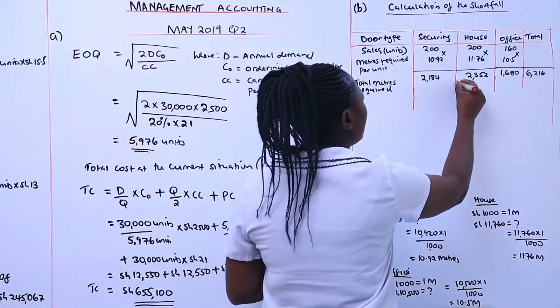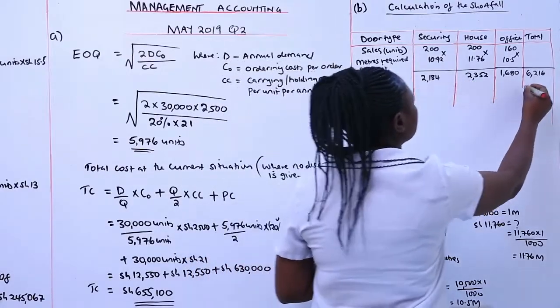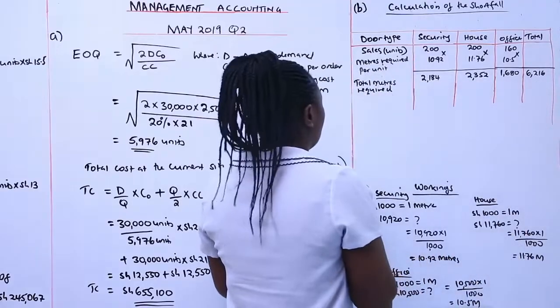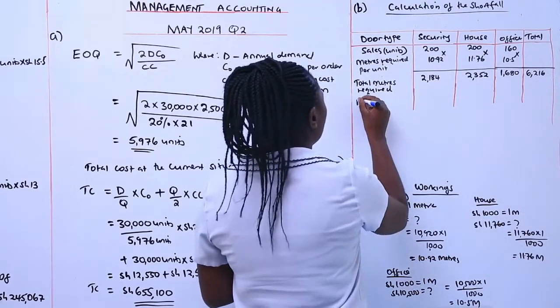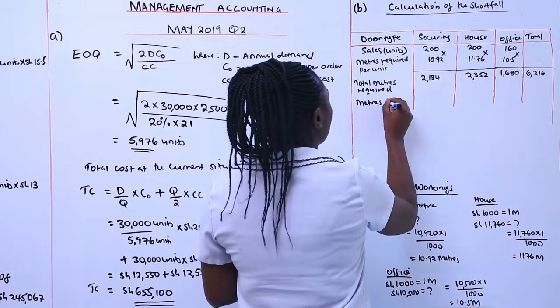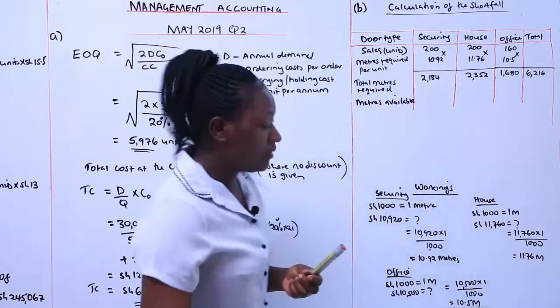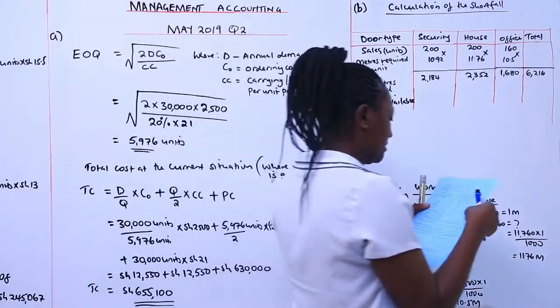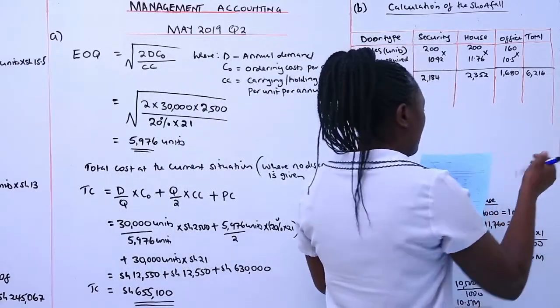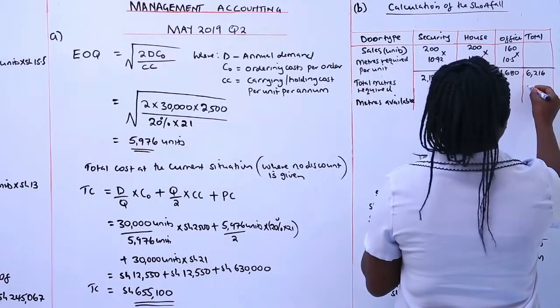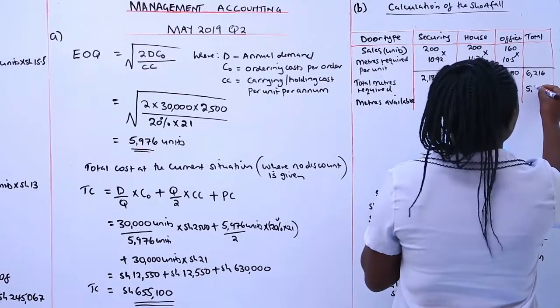But we have what is available. So we want to compare what is available and what is required. So meters available according to the question is 5,124.